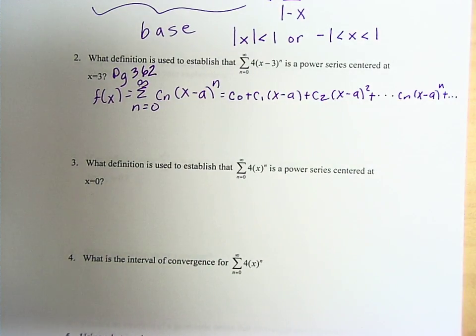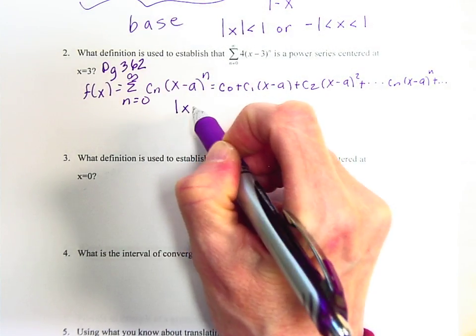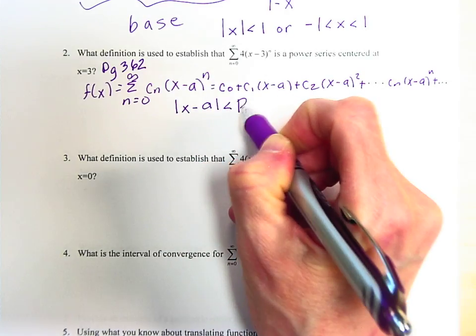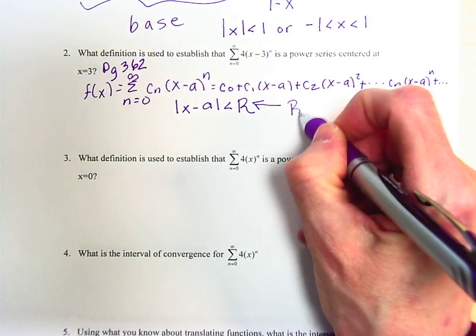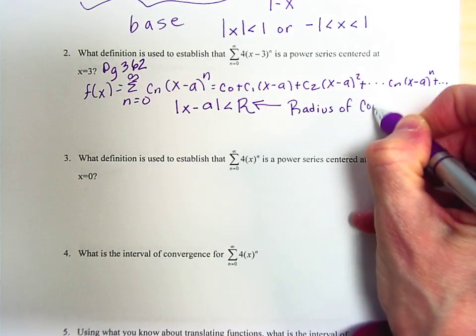I can find that on page 362, and it goes on to say that this will converge as long as the absolute value of x minus a is less than this capital R. This capital R is referred to as the radius of convergence.